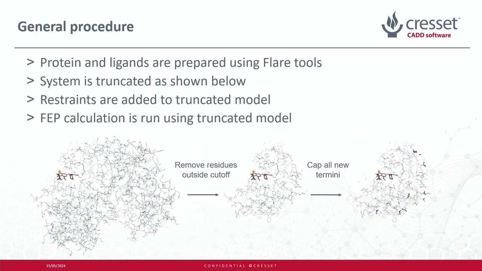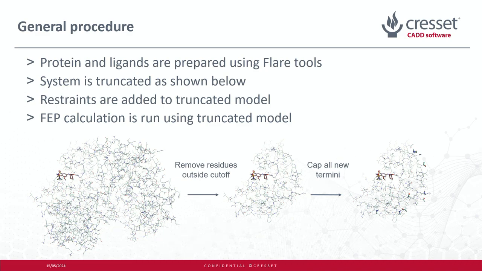The general procedure for doing this is pretty simple. You take a protein-ligand system that has been carefully set up and parameterized, in this case using the Flare tools, and you truncate it like this. So you define an outer cutoff. In this case, we're using 15 angstroms from the ligand, and then you truncate the protein at that point.